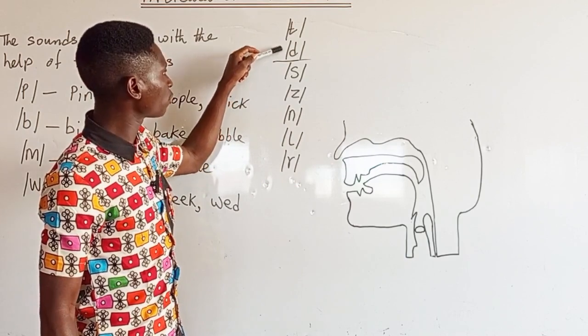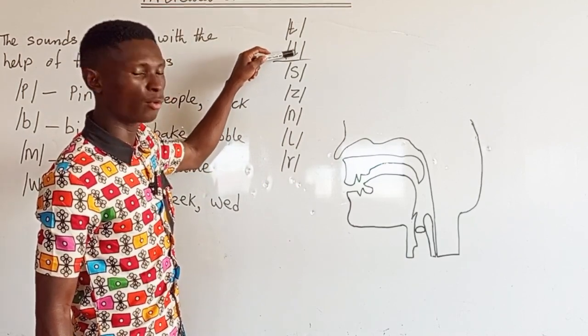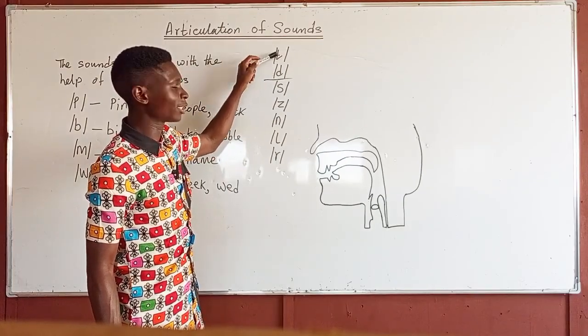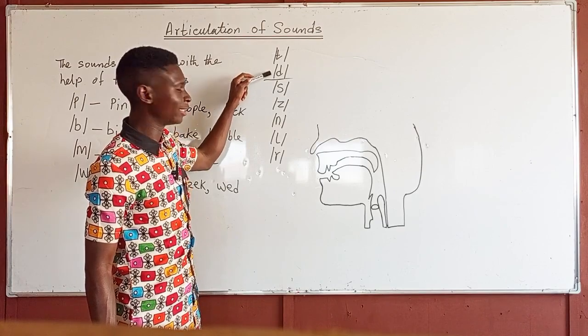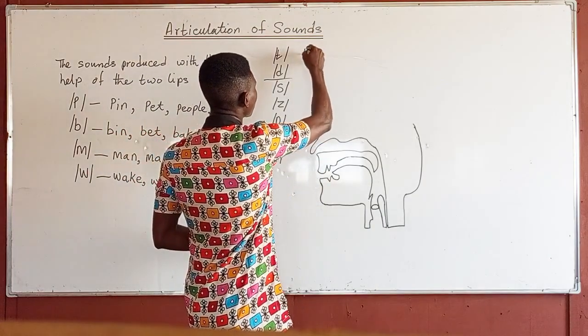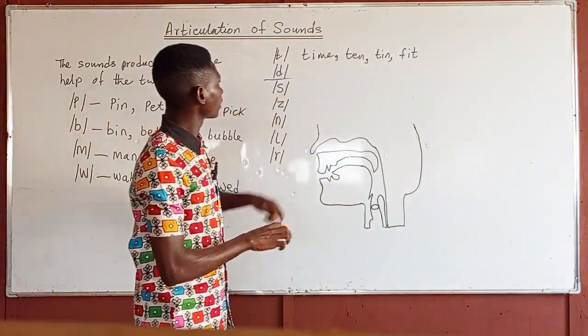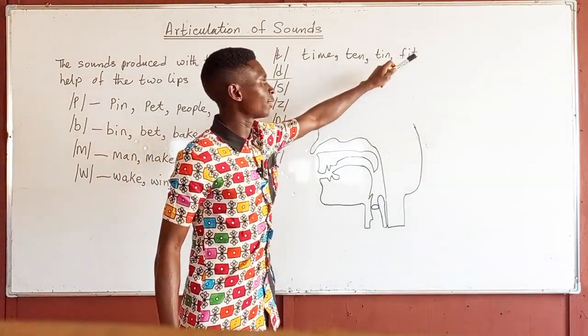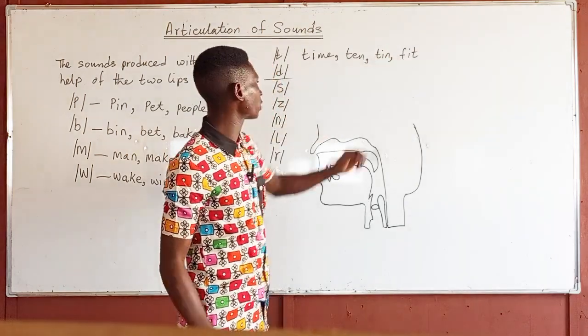The only difference between this and this is that here you apply voice to have d, d, d. In words like time, ten, feet, here we have it at the final position.